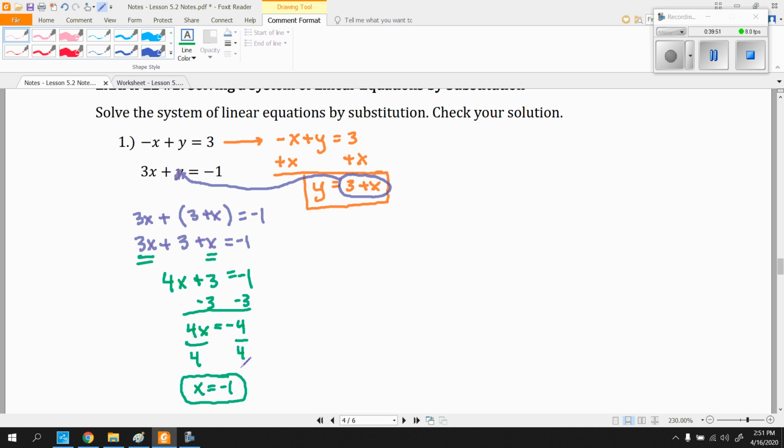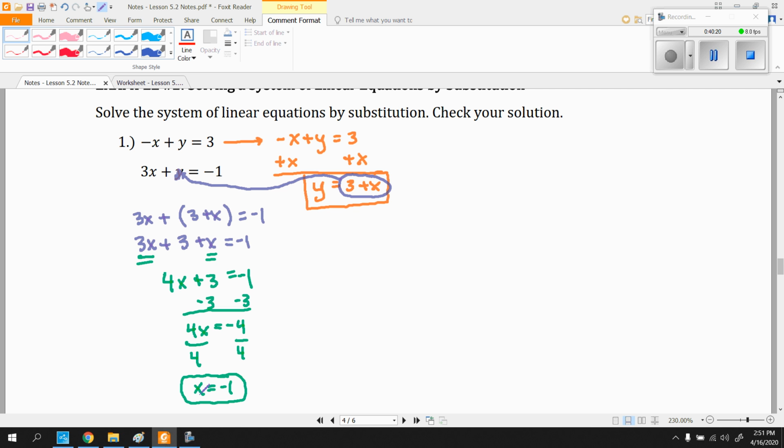I'm not saying it always has to work out this way, but I'm pretty close to 100% that I set all the homework up so these work out to nice answers. We'll eventually get to where maybe they're not so nice, but I don't want any more frustration on top of what is already a tough process. So there's my step 2. I've substituted this in for y, and then I've solved for the remaining variable, which in this case was x.